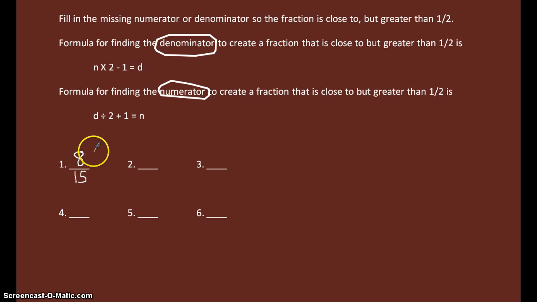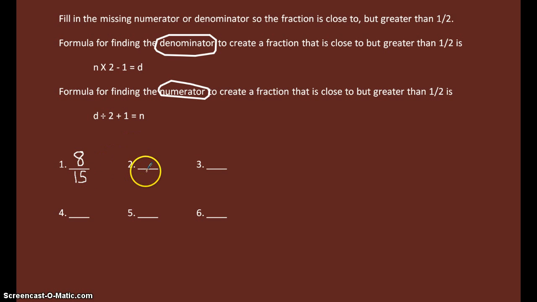We don't even need to go to 9 to round up. We can just round down because 8 times 2 gives us 16. And since 8 over 16 will be exactly half, we really do need that one less here, that 15, and it will work. So 8 over 15 is a fraction that is very close to, but greater than, half.